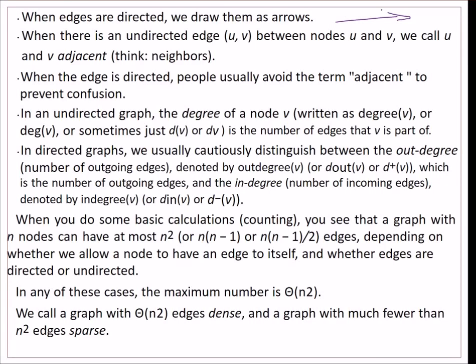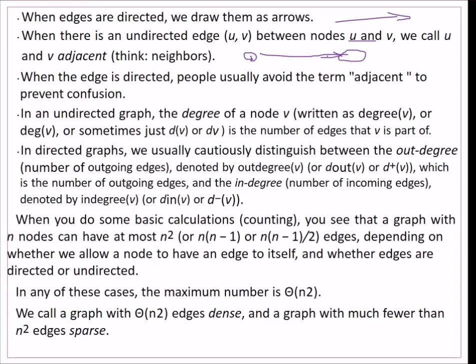When there is an undirected edge between U and V, we call U and V adjacent. If A and B have an undirected edge, then A and B are neighbors. When they are related by direction, people usually avoid the term adjacent, just not to create any confusion.